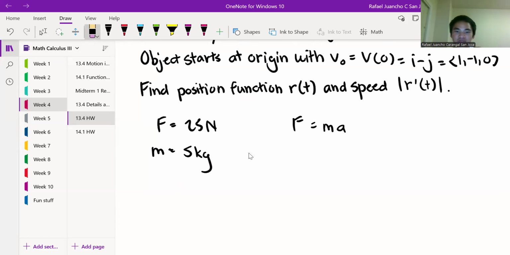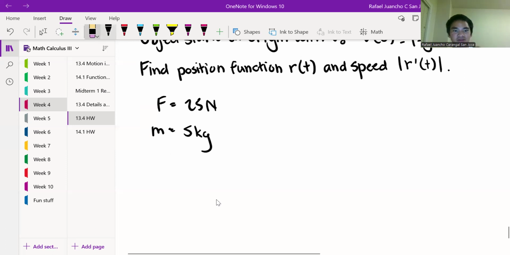And so 25 divided by 5 is 5. My acceleration is 5 or something like that. Not particularly sure. Let me double check. So we do translate our force as a vector.